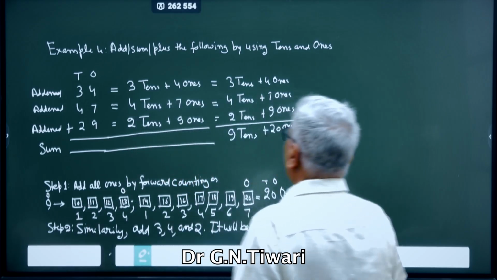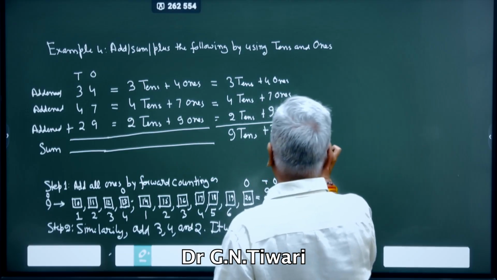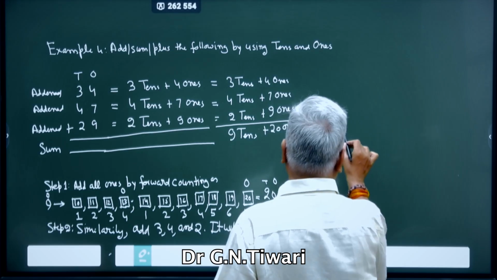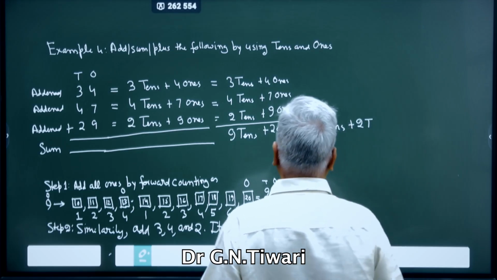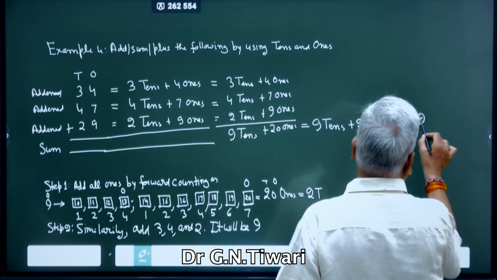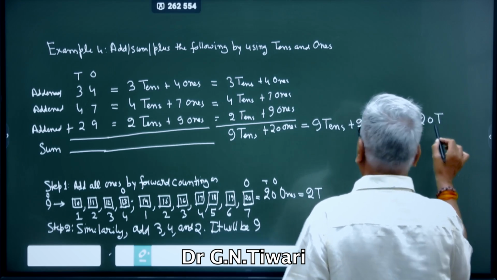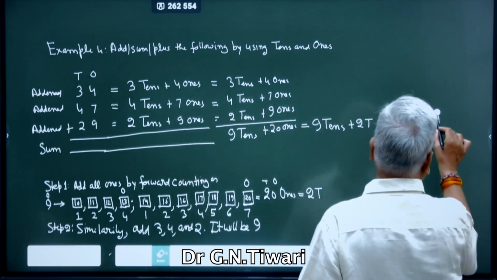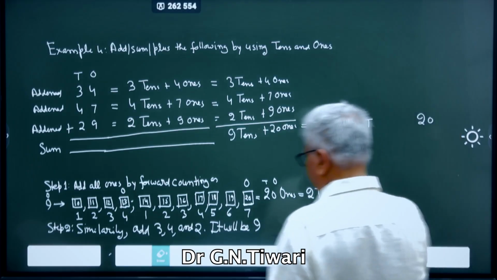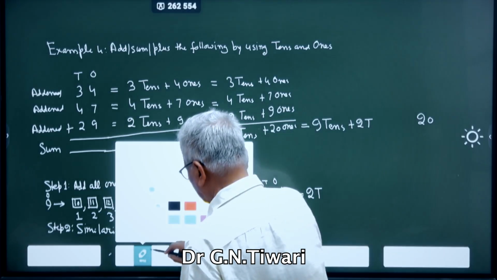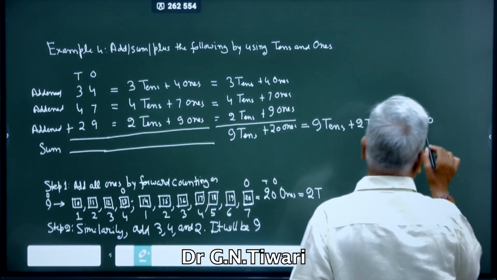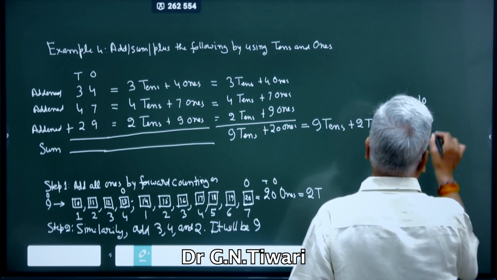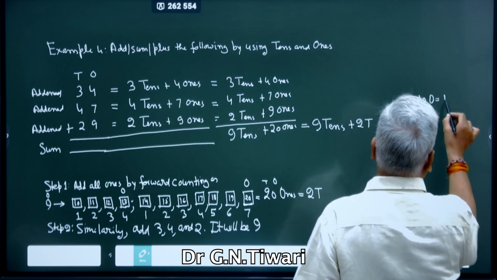Look carefully, then drop all this thing here, concentrate. 9 tens plus 2 tens, because 10 ones is equal to 1 ten.